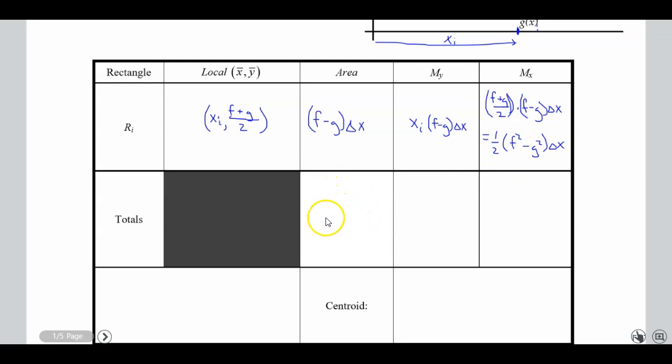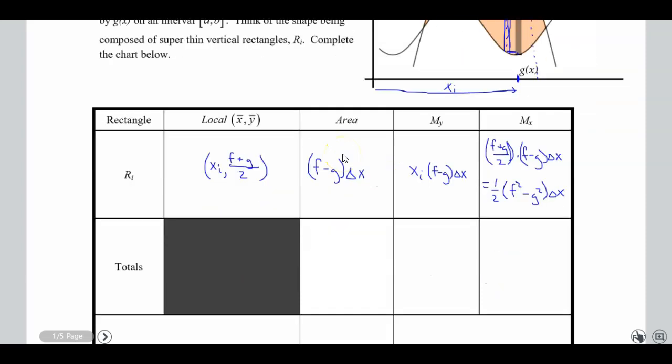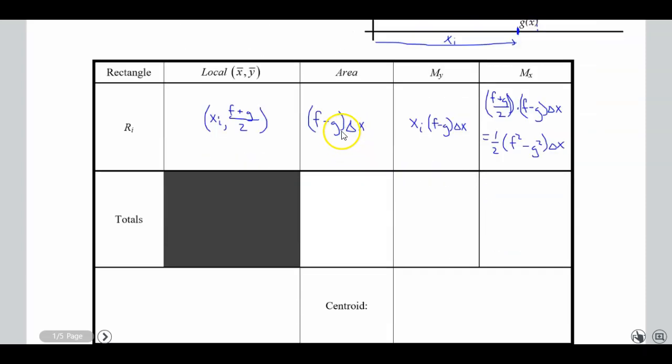So let's go ahead and do some totals. So like a lot of other stuff in Calc 2, we are thinking of this as a whole bunch of rectangles over this area. So we're going to add these up now, take a limit as these get skinnier and skinnier, which will give us some integrals. So we add up f minus g delta x, right? This is just going to be the integral of f minus g, and instead of delta x, we'll go ahead and put in dx right there.